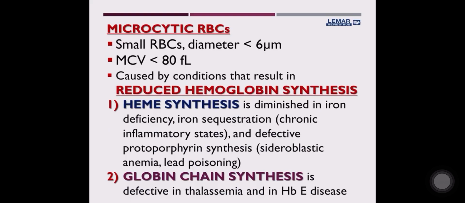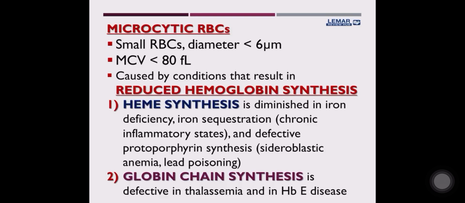Microcytic, ito yung mga maliliit na red cell with diameter less than 6 micrometer and an MCV value less than 80 femtoliter. Remember, normal MCV range from 80 to 100 femtoliter. Yung mga microcytic red cell are result from condition due to reduced hemoglobin synthesis.